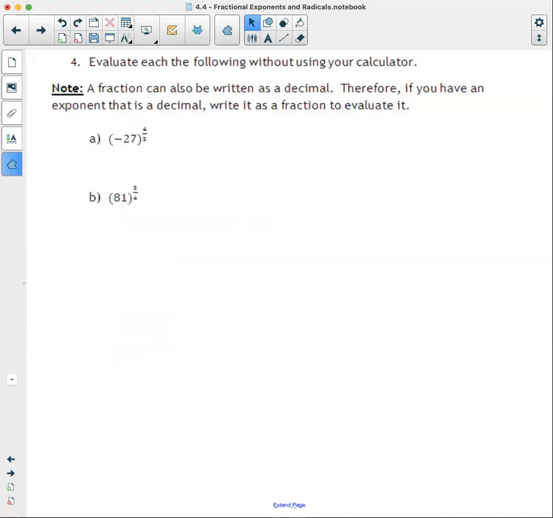Okay, so a fraction can also be written as a decimal. So remember, to convert a fraction to a decimal, you just put it into your calculator and press enter. Right, so 3 divided by 4, or 3/4 is a fraction, is 0.75.